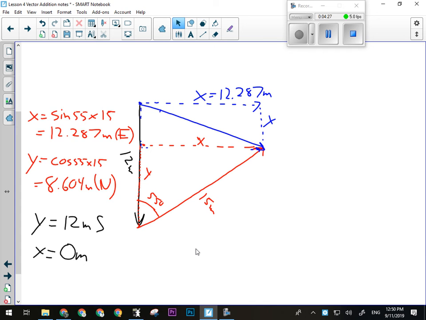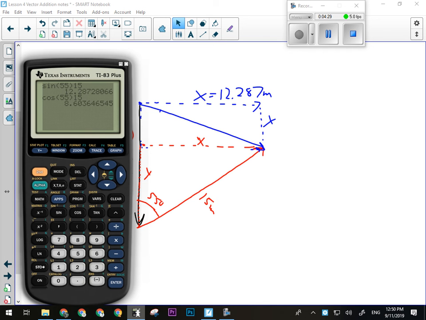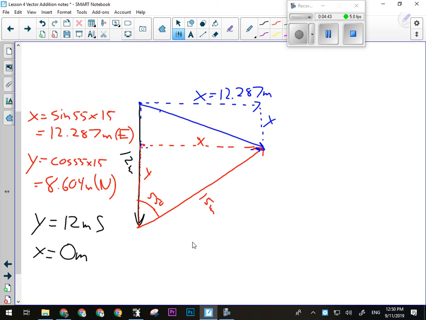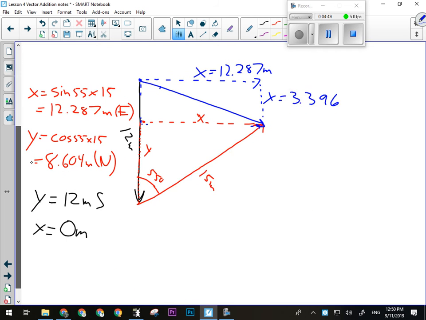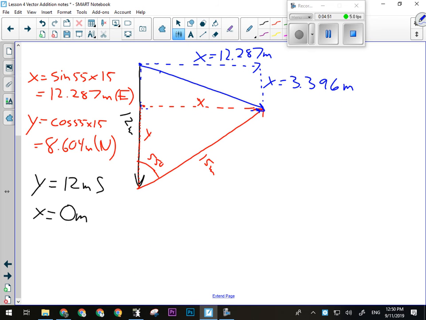So I will take my 12 meters south, and subtract the answer I got for y, the 8.60. So my overall blue y component is 3.396 meters, or kilometers, I guess. Is it meters or kilometers? Meters. It's meters, and that is south.